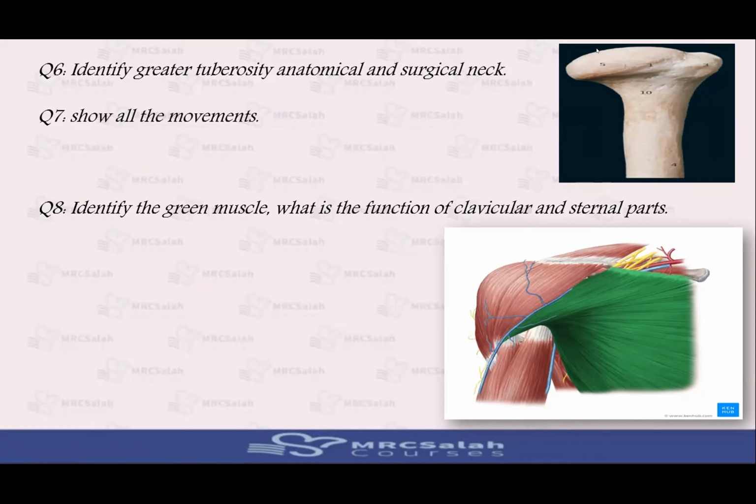Okay. Can you identify the green muscle and tell me the function of the clavicular and the sternal part of the muscle? Okay, this is pectoralis major muscle, and its function is adduction and medial rotation of the arm, and the clavicular head is flexion of the shoulder joint, and the function of the sternal part is extension of the flexed shoulder joint.